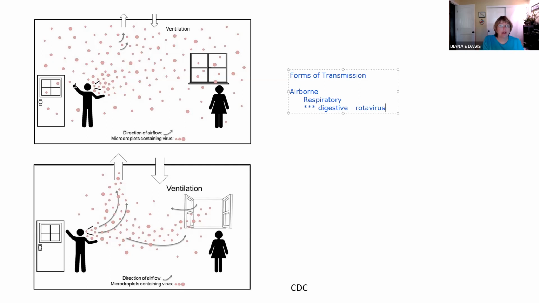So if we look at this image from the CDC, the top image, there's not very good ventilation. Yeah, this is pretty much most of the classrooms at North Shore. The door's shut, the window's shut, so there's no fresh air coming in. And these droplets can stay suspended in the air for longer periods of time, and they can travel further distances.